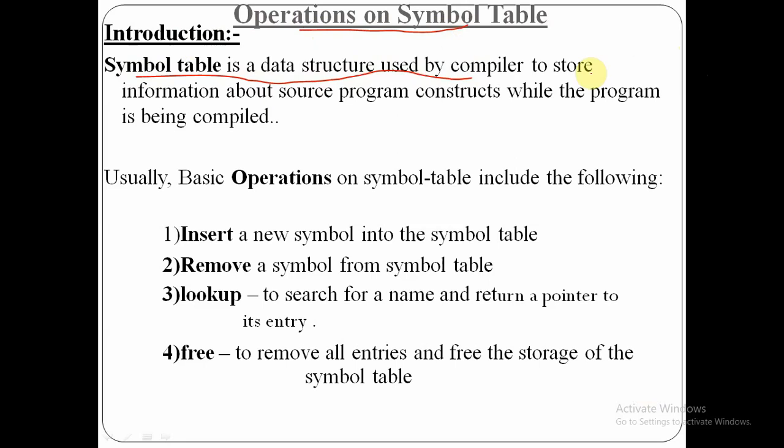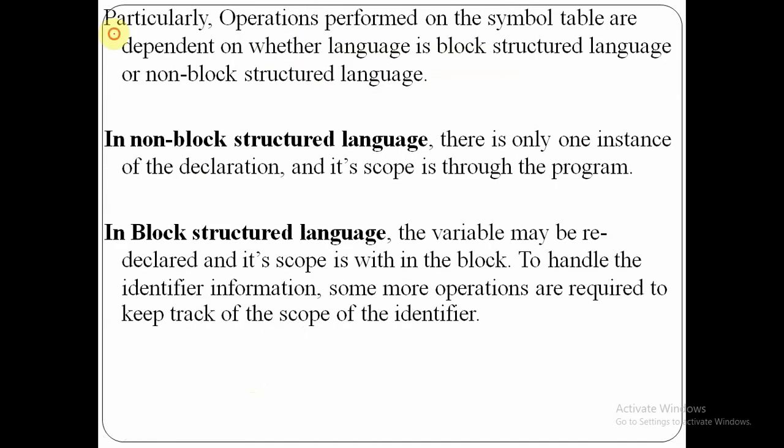Usually the basic operations on the symbol table include the following: inserting a symbol into the symbol table, removing a symbol from the table, lookup, meaning searching for a symbol in the table, or free, removing all elements from the table. Particularly, operations performed on the symbol table depend on whether the programming language is a block structured language or a non-block structured programming language.